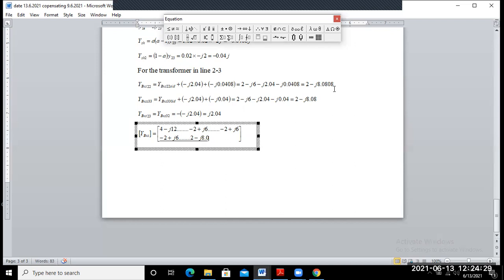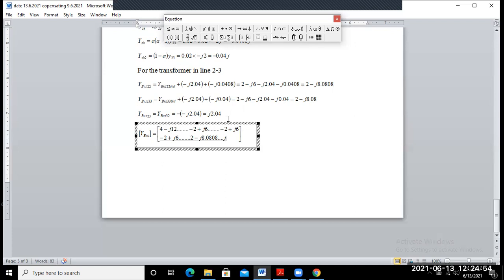And Y23 we have already found: Y bus 23 new is j 2.04.